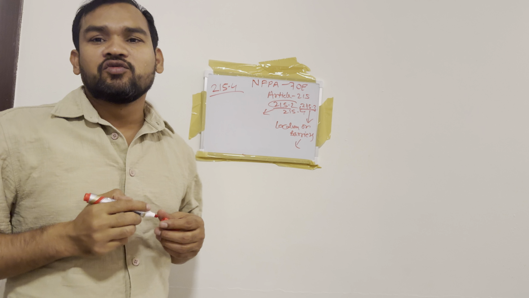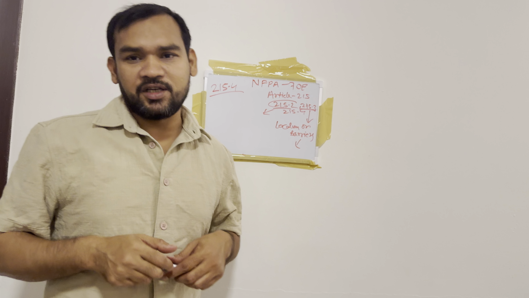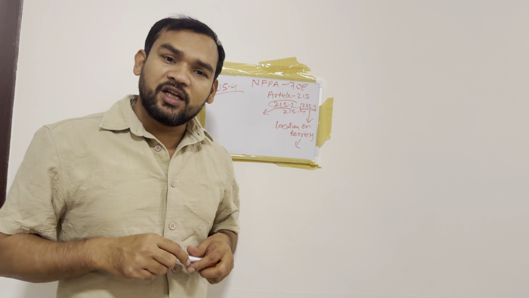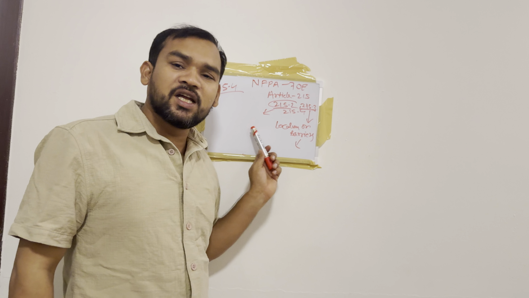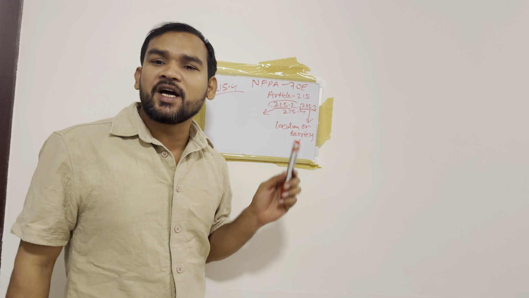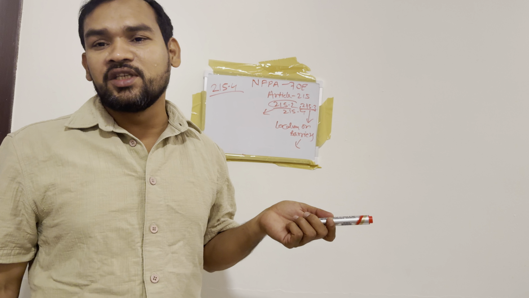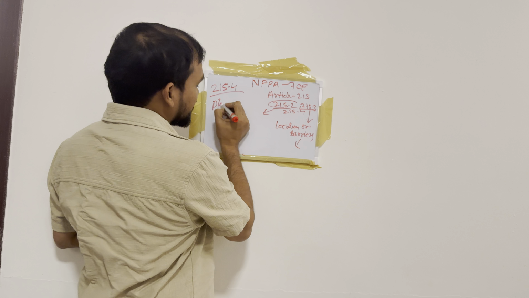Now we move to 215.4. What is this? Raceway and cable tray. It requires the raceway and cable tray to be maintained to provide physical protection and support for the conductors. What is physical protection?